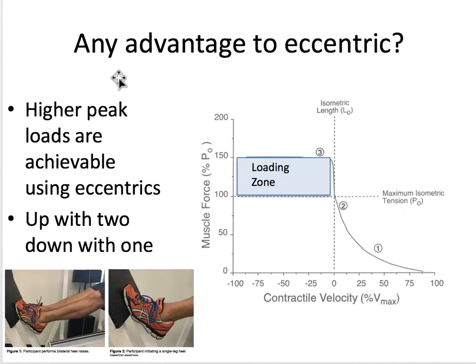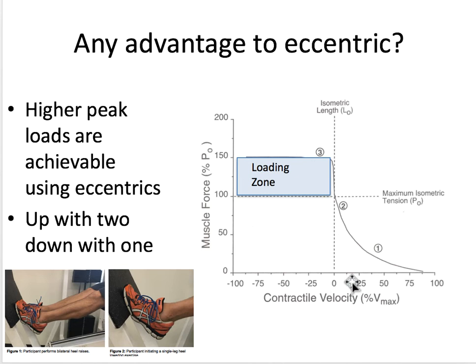The second is, is there actually an advantage to eccentrics? Typically eccentrics are done just from a standing position with body weight. I think we want to ask ourselves, does that really tap into a potential advantage of doing eccentrics?